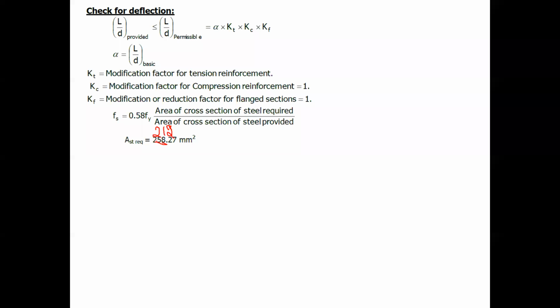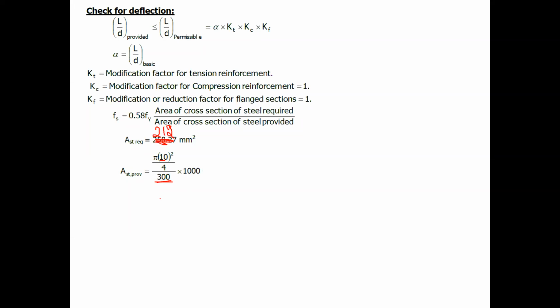Okay. So next, take down AST provided is equal to. So what is this 300? This is the dia you are assuming for the main reinforcement. So what is this 300? Maximum spacing. Okay, this is the maximum spacing.